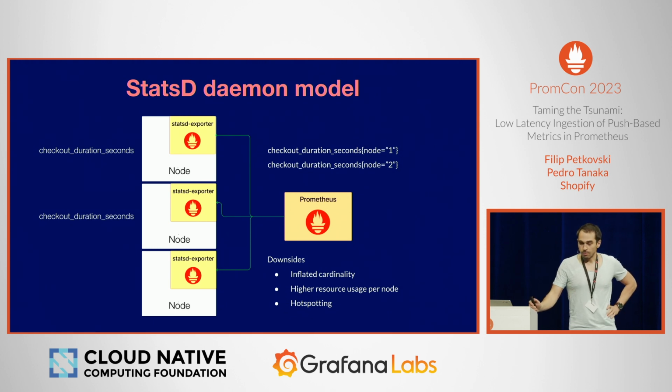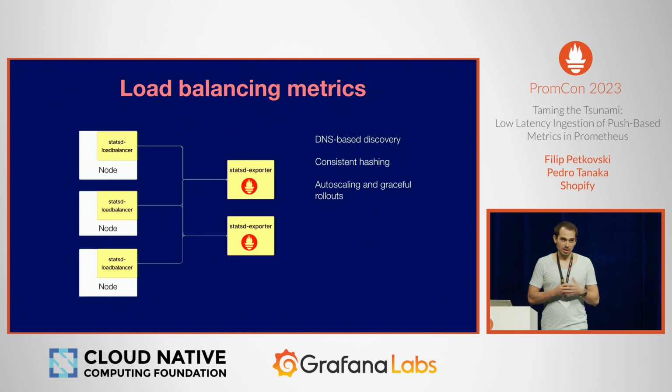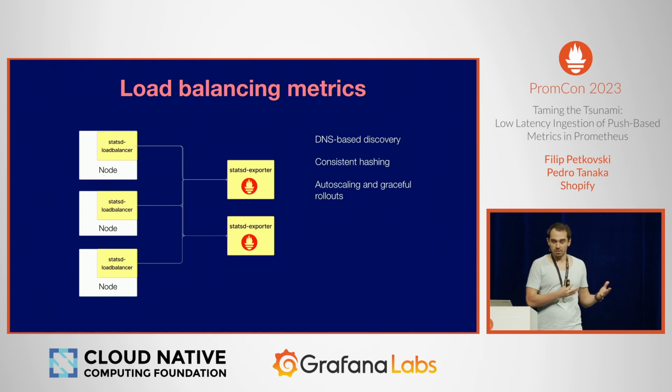And so this is where we've decided to go with somewhat of a crazy hybrid approach of introducing this thing that we call the packet load balancer or a StatsD load balancer, which is still a daemon set, but it's much more lightweight. It's basically a domain-specific proxy for StatsD packets.